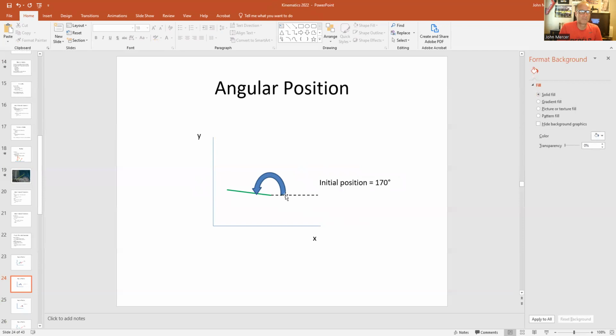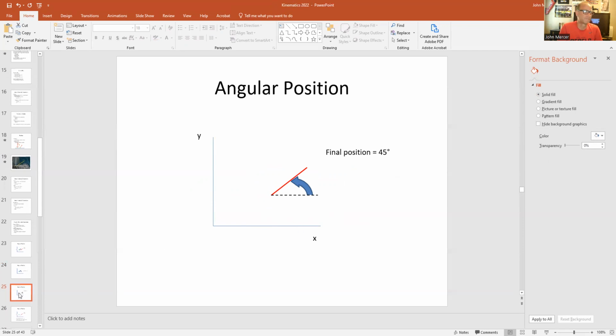The angle between this reference line, which is parallel to the x-axis, and the segment of interest is 170 degrees. That's my initial position. For my final position, I use that same reference line and go from it to my segment of interest. The final position is 45 degrees. That's just telling me the angle between my reference line and the segment in space.